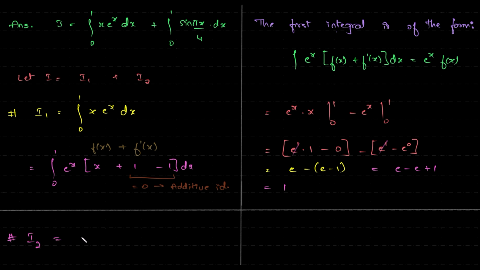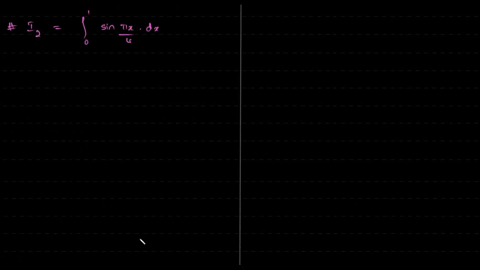So we have I2, 0 to 1 of sine pi x by 4. Here you can use substitution if you guys are not confident, but I'm not for that. You should not be that weak that you need to substitute over here. So we end up with the integration of this being cos of pi x by 4 by pi, from 0 to 1, right?